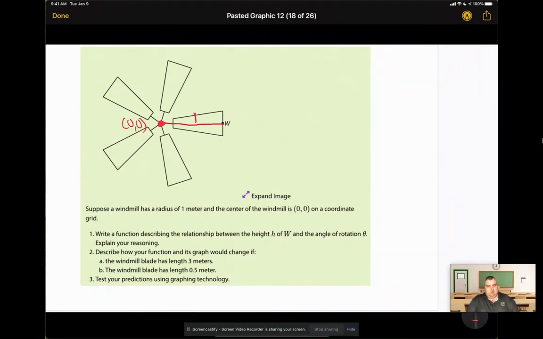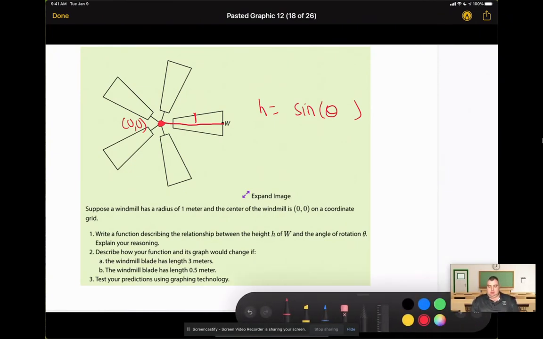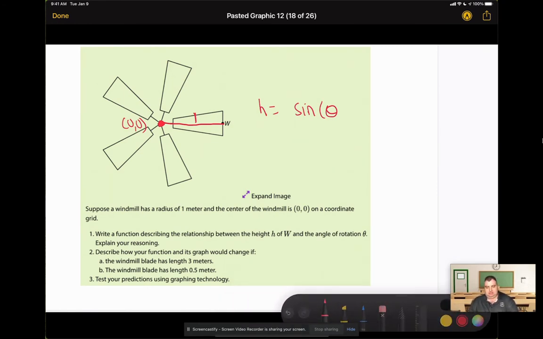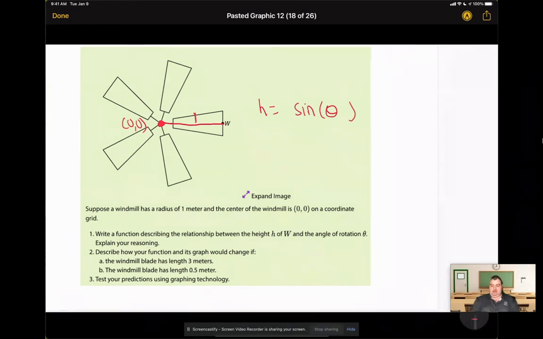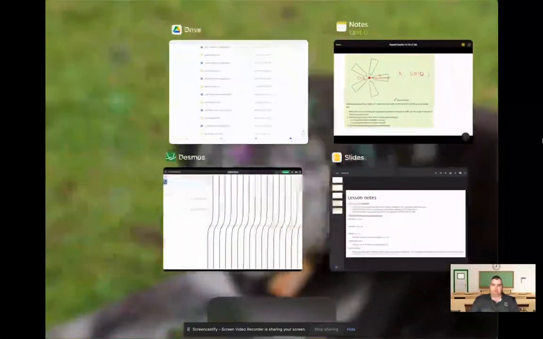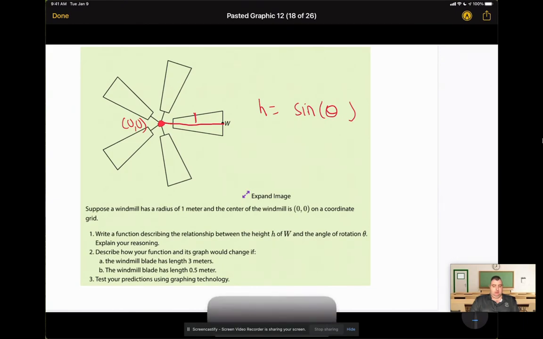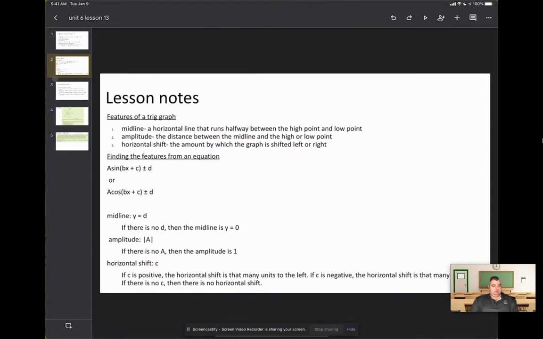So when we write our equation, we know that it has to be sine. The question is, what numbers are we going to fill in here? Let me make this look a little nicer, and let's go back and look at our lesson notes. First of all, our radius has a length of 1 meter.